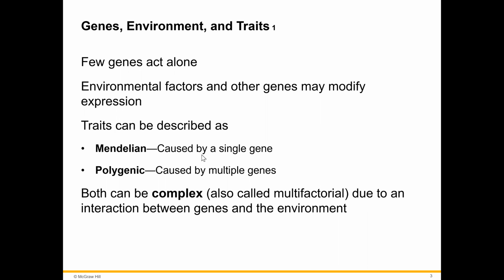For example, your earlobe is a single gene, Mendelian trait, but environment might affect this trait. Or how tall you are, this is a polygenic trait, because many genes determine your height, but also it can be complex because environment can influence.